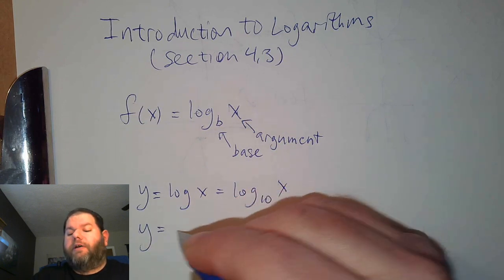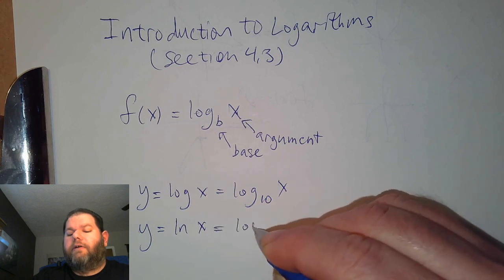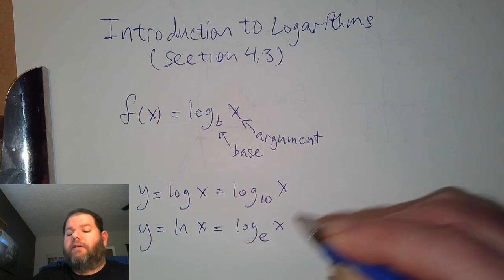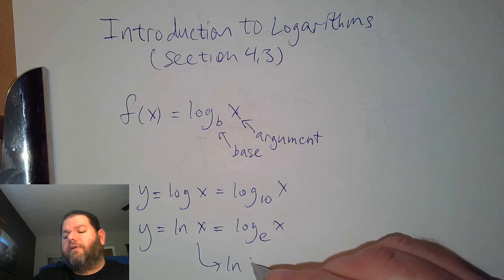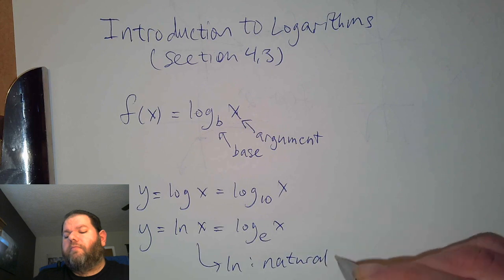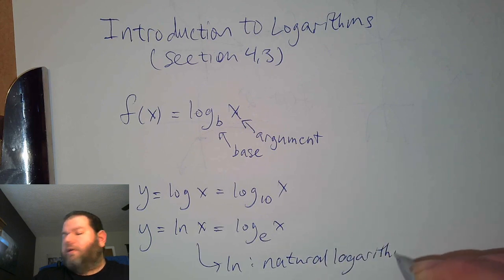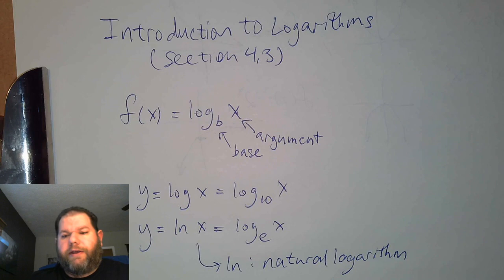And if we have y equals ln x, this is log base e of x. Ln is called the natural logarithm, just like e is called the natural exponential, so it's a direct correlation to that.